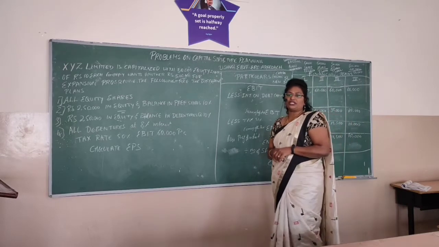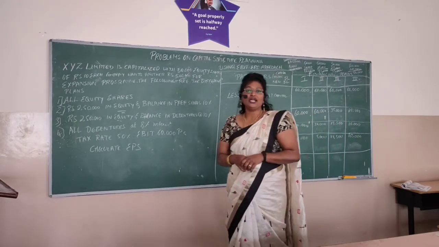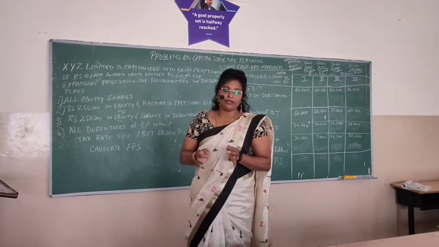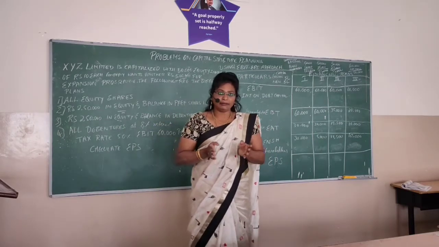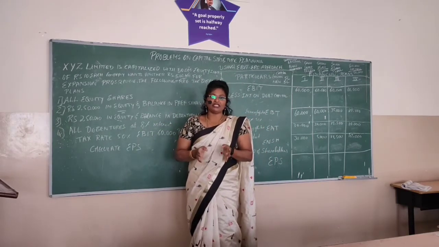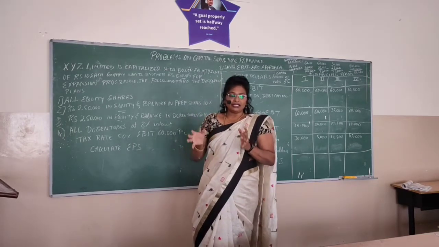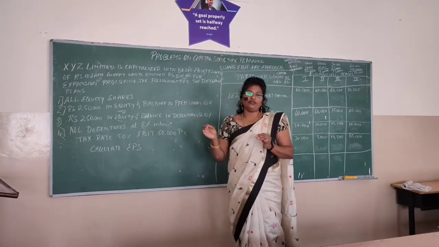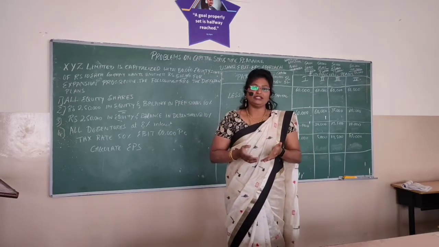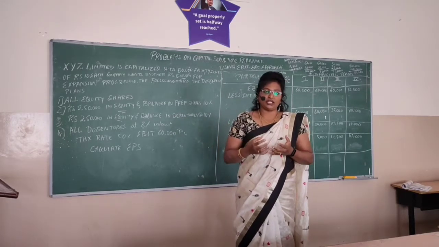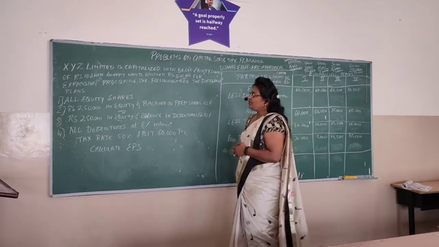We have understood the importance of capital structure and the optimal capital structure. The main aim of the finance manager is to lower the cost of capital. So let us understand through this problem how we find EPS and the minimal cost in terms of capital structure.